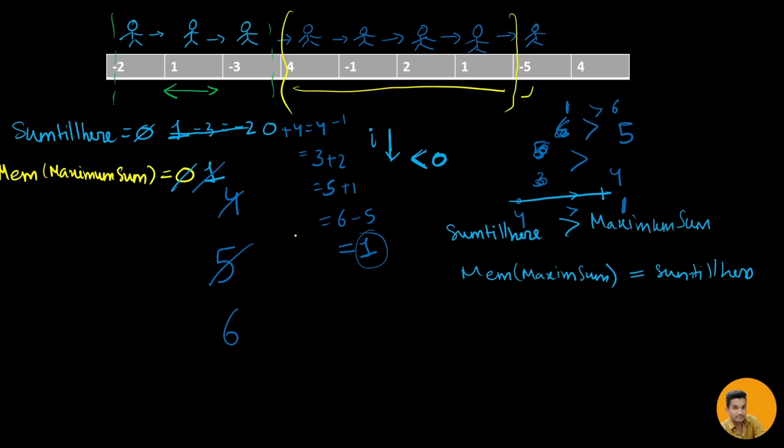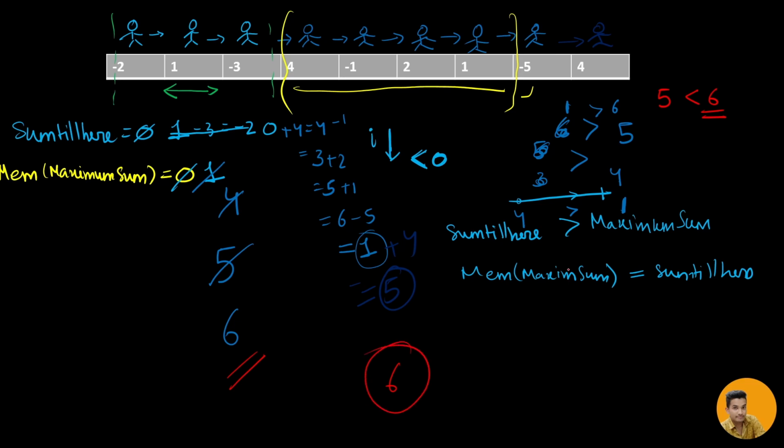Now here is 4, so 1 plus 4 will be 5, and maximum sum is 6. So we are not going to change it, because our maximum sum is 6. So our answer is 6.